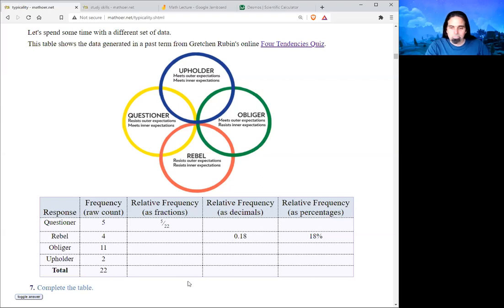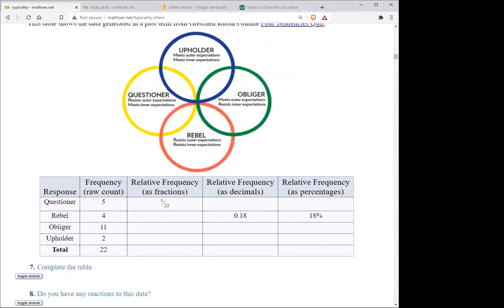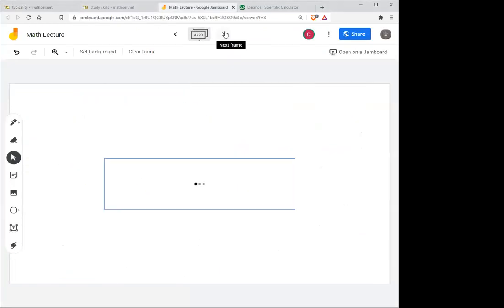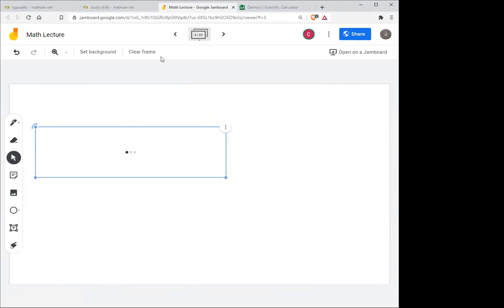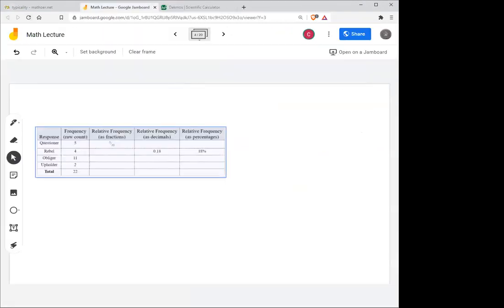Yep. Anyone want me to actually write out and do all of this? Sure, okay.